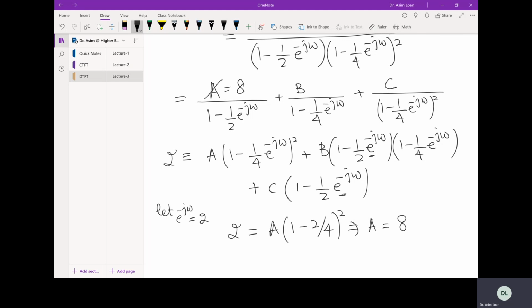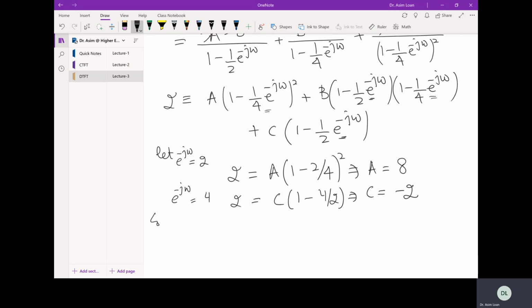And let e to the minus j omega equal 4. So 4 over 4 is 1, so this is c into 1 minus 4 over 2. So this implies c equals 1 minus 2, so it's minus 1, so c is equal to minus 2.